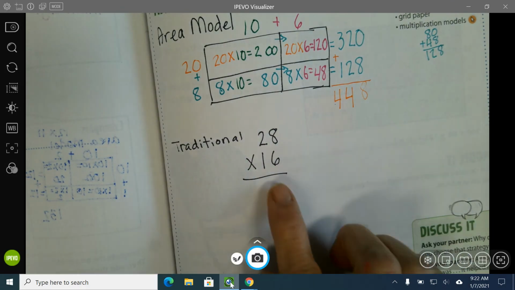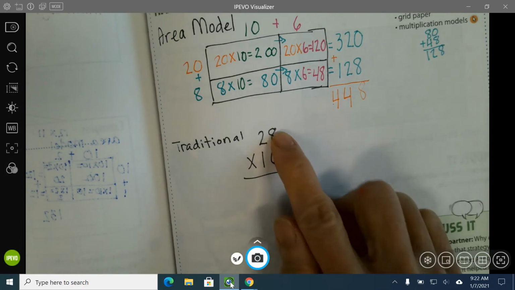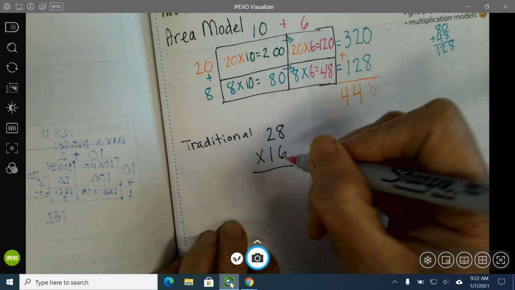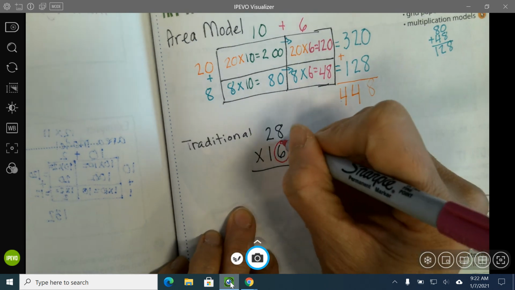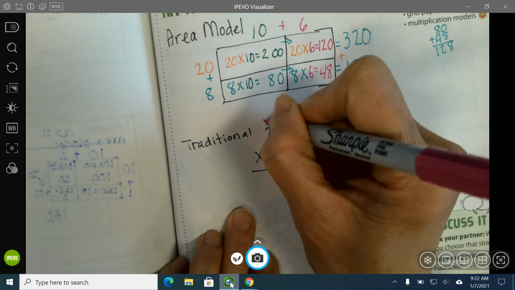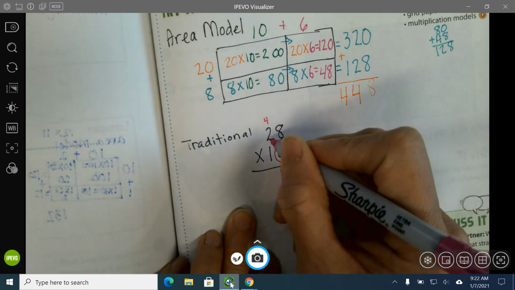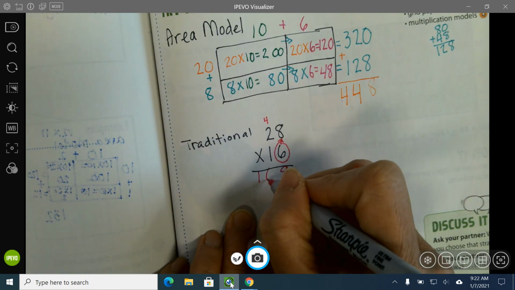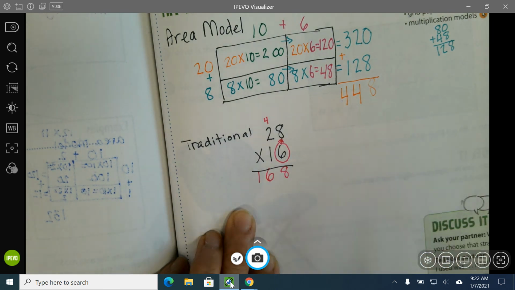I usually like to have a small number on the bottom. So I am going to start with this. 6 times 8 is 48. Find your favorite dance. And then 6 times 2 is 12, 13, 14, 15, 16. I have 168 on this problem.